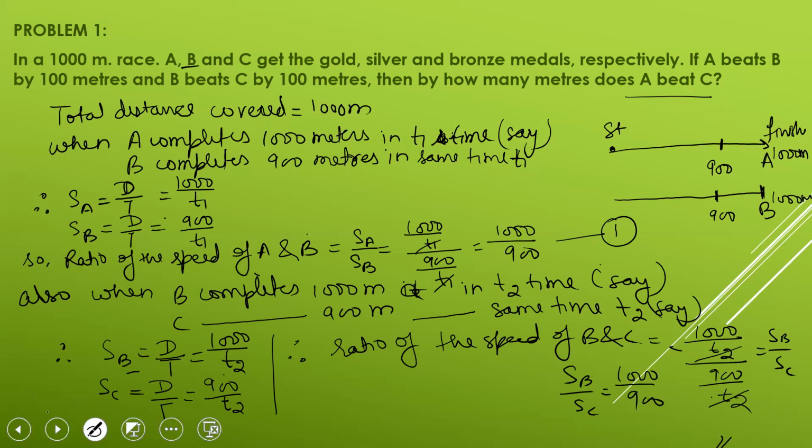Okay, now moving further, we get SA over SB equals 1000 over 900. After cancellation, it becomes 10 over 9. And SB over SC is also equal to 1000 over 900, which is equal to 10 over 9.